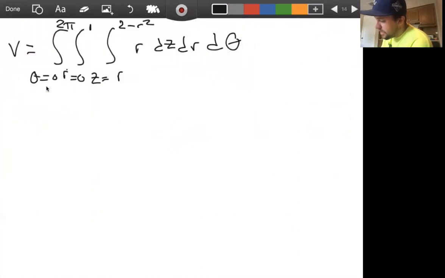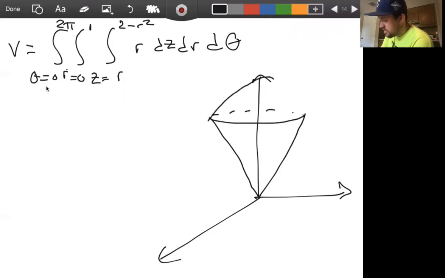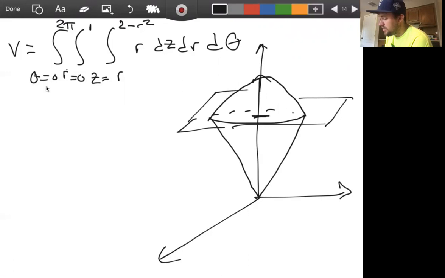And I'm going to redraw our picture here, and I'll draw just the bounded region. So we have something like this. And if you'll notice, at the level z equals 1, like we want formulas for the bounds, right?